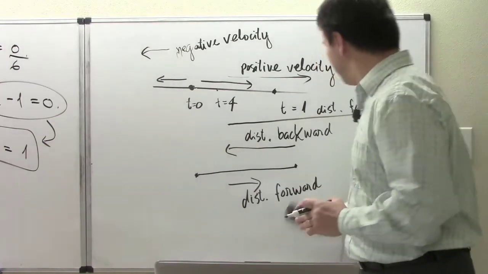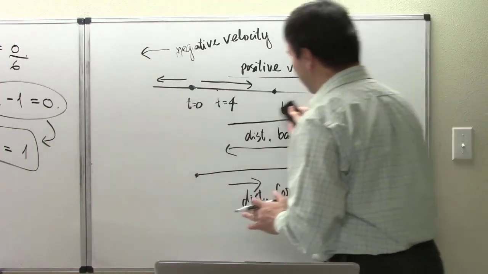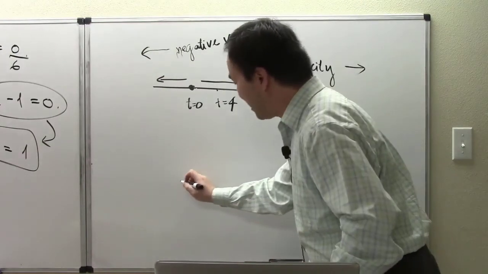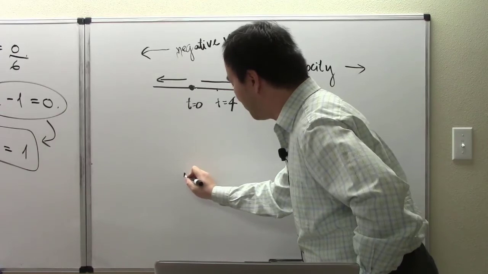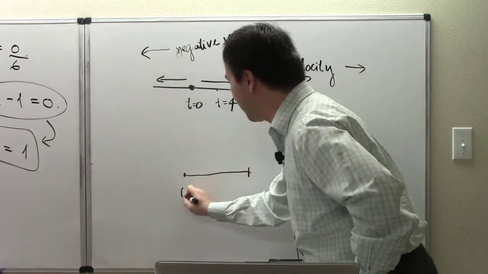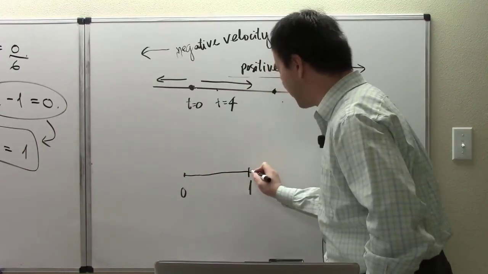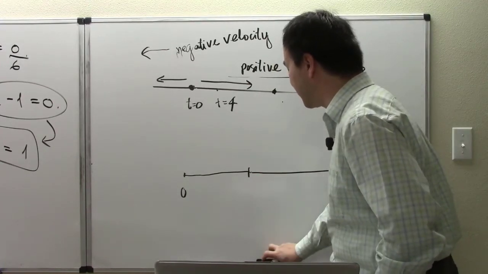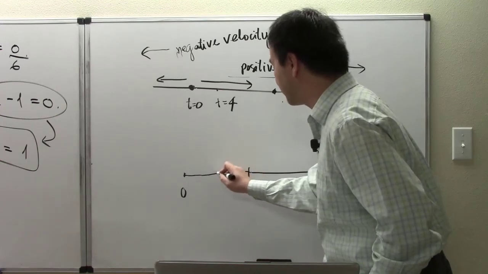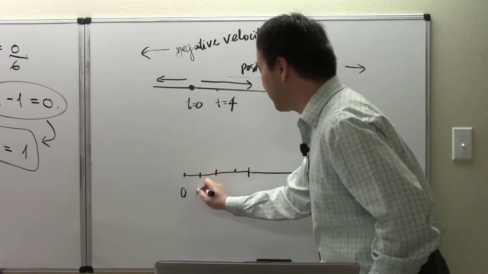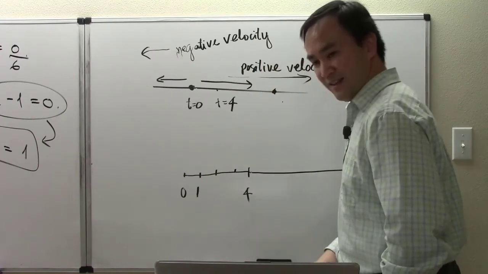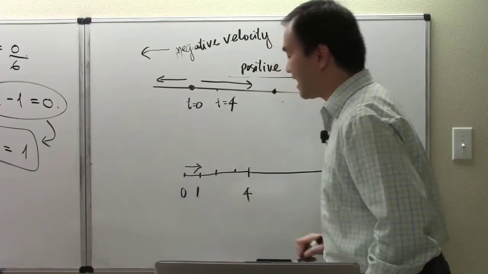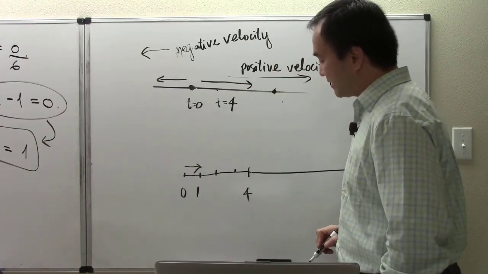In this chart of mine, there's another way I can break it down in a picture like this. Now it does matter with the time intervals. On the time axis, this is from 0 to 1, and 4 seconds is here. From 0 to 1, we had some distance going forward, so I'm using the right arrow, heading to the right-hand side.